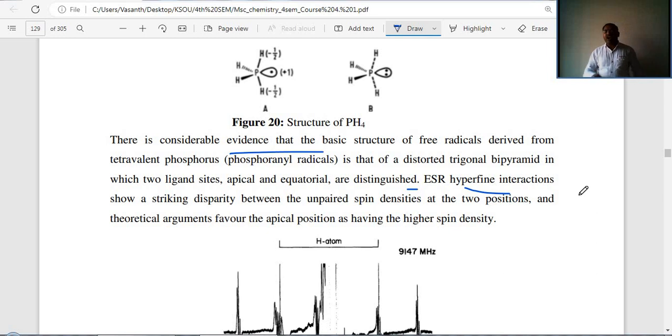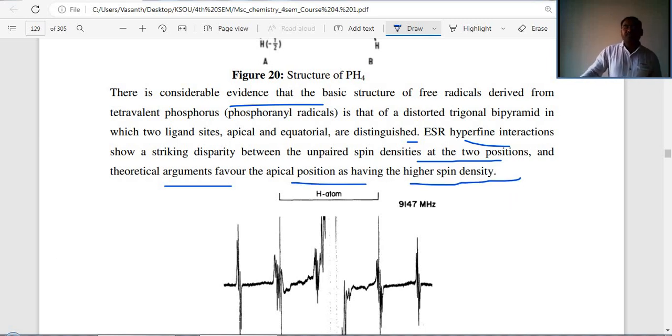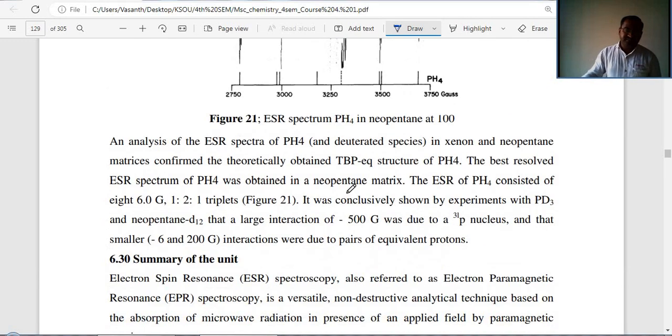The ESR isotropic interaction shows a striking disparity between the unpaired spin densities at the 2 positions, and theoretical arguments favor the apical positions as having the higher spin density.